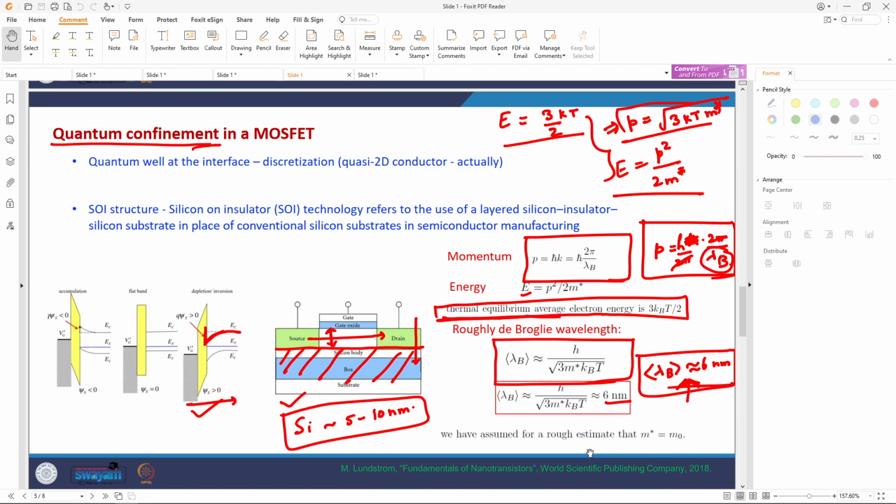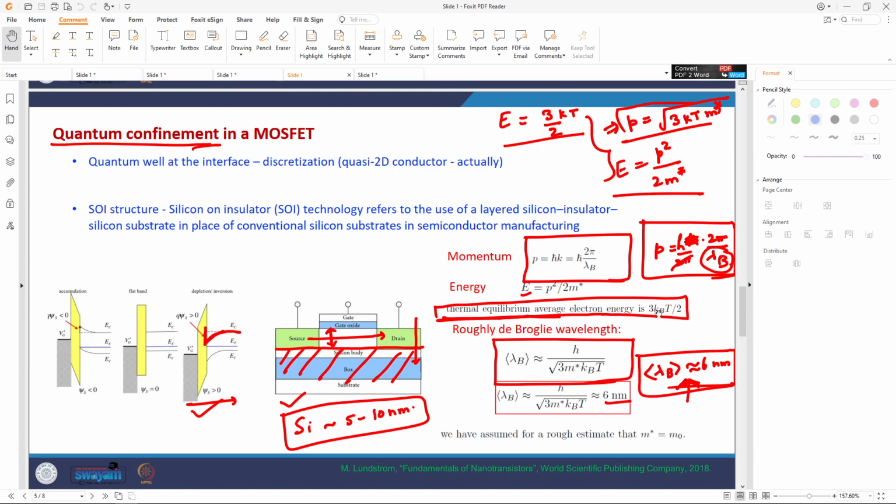So now we come back to, if you can remember way back when we did some calculations for the de Broglie wavelength. Over here you'll see that the de Broglie wavelength at 300 Kelvin for an electron is around 6 nanometers due to just the thermal energy.